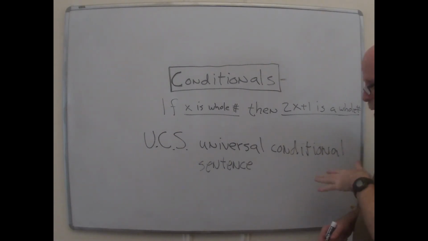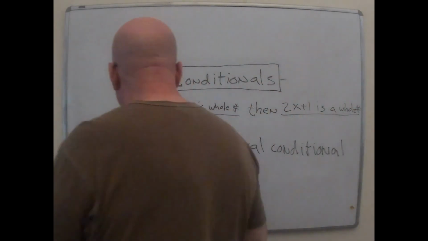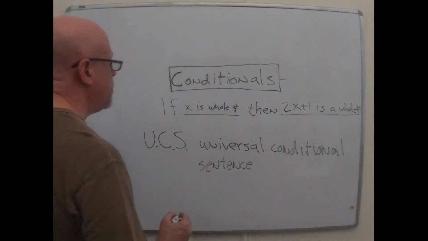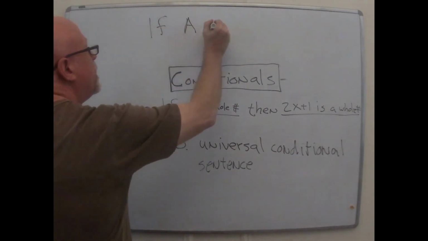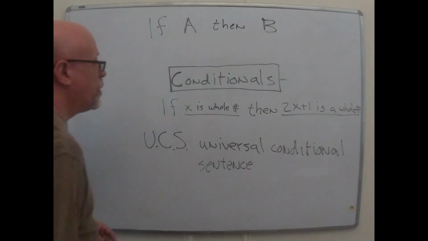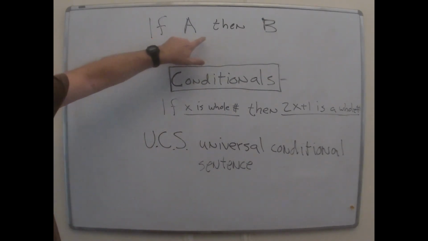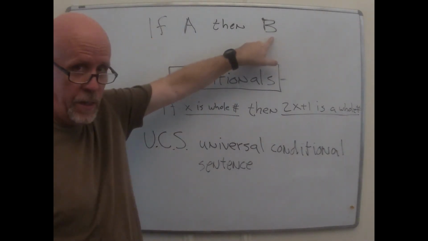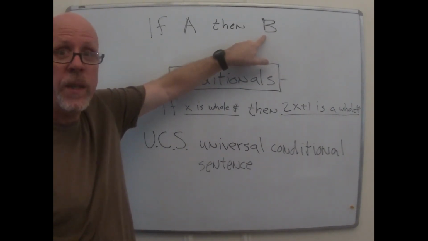I want to point out, particularly to people who have programming experience, this is not how we think about if-thens when we're writing code. Let me write it this way: if A, then B. If you're writing code, you say something like, if A is true, then do this. It's not saying this is true, but rather this is what's going to get executed next.